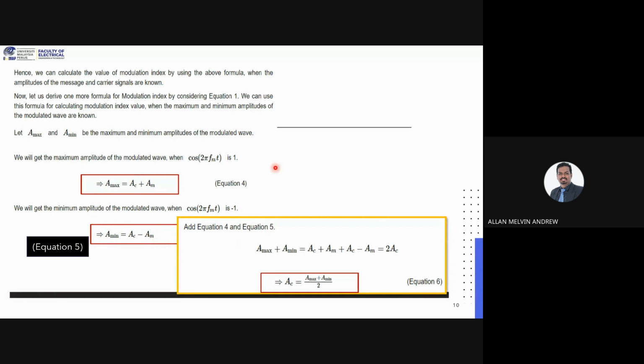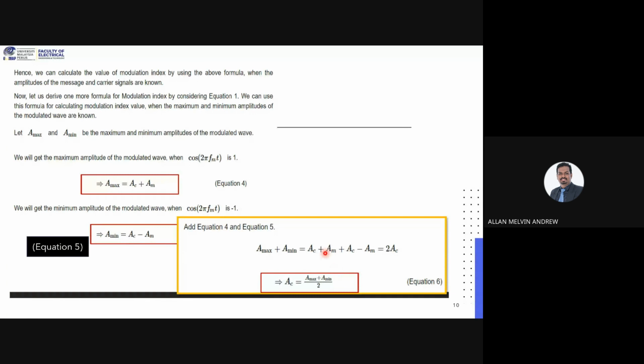You combine equation 4 and equation 5. Equation 4 plus equation 5, you get A max plus A min equals Ac plus Am plus Ac minus Am.